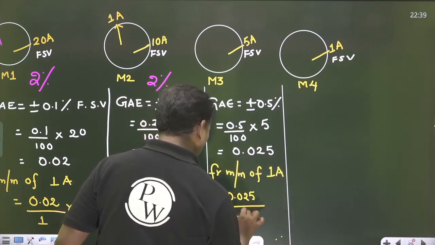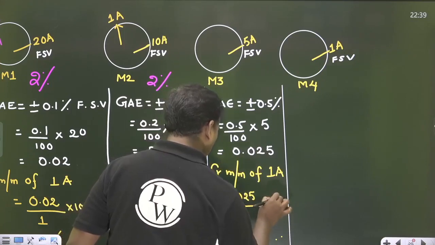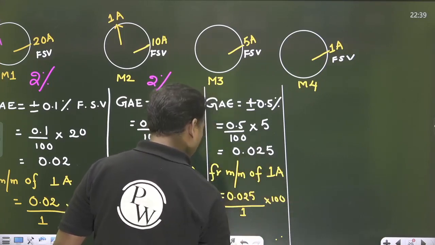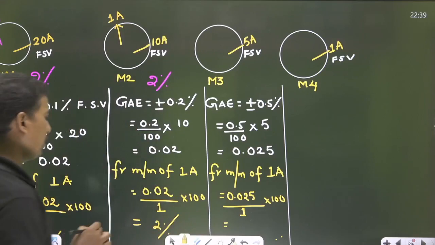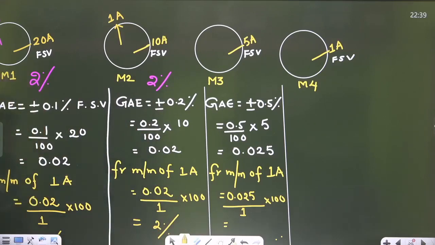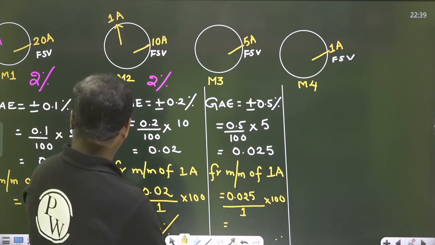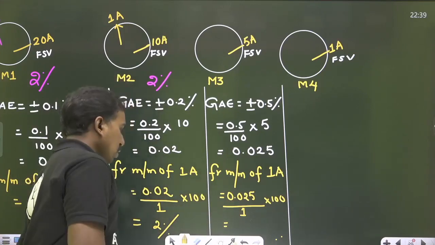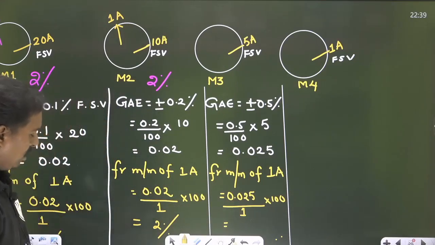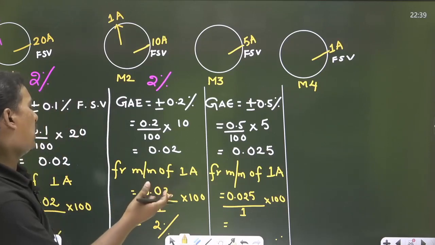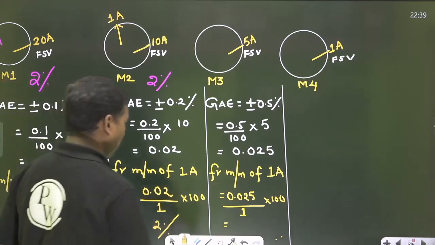0.025 by 1 into 100 is calculated. I think 25 by 1000, yeah, 25 by 1000, the 100 gets cancelled. So 25, that is 2.5%.